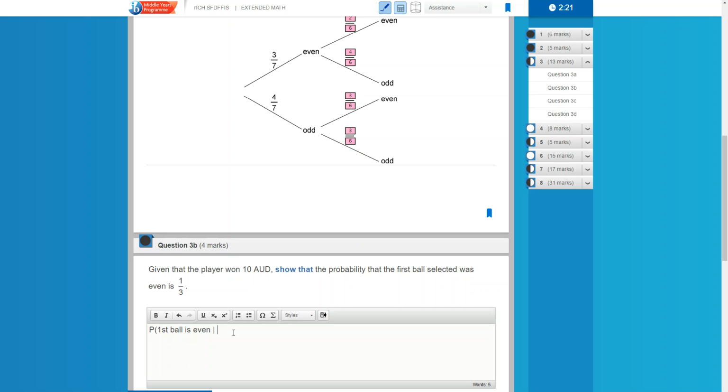Yes. Because it's the total that's even. An even plus an even is always going to be even. Or odd plus odd. Oh, okay, yeah. I've got this given.